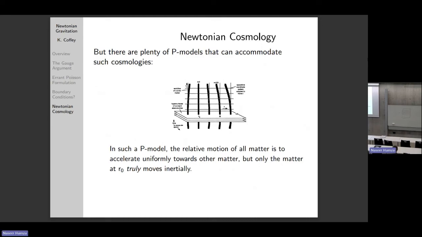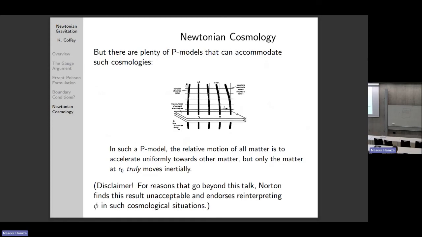Before I go on, I just want to flag that for reasons that I guess we'll come back to in Q&A, John Norton, right, I don't mean to think that he endorses this solution. I've taken the diagram from him, but he denies these results. I mean, he's not happy with this sort of solution.